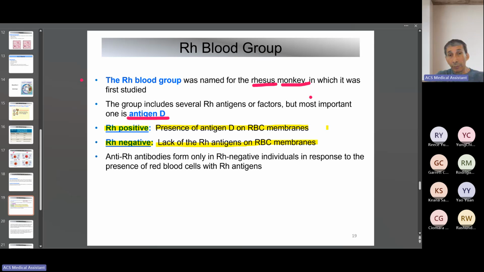So if within the membrane where the antigen A, B, or O is, you don't see D, then you are negative. If you see the antigen of your blood type and you see D, then you are positive. That's basically how this works.